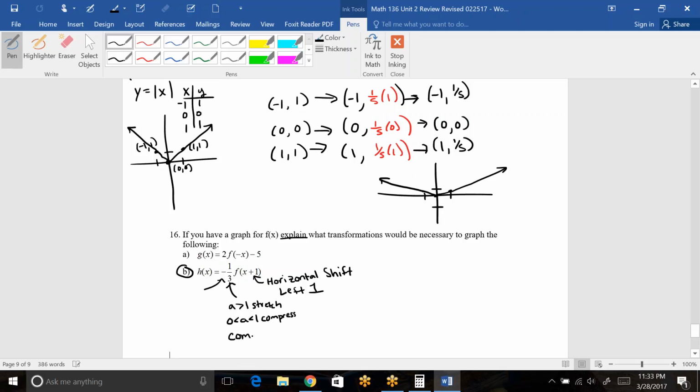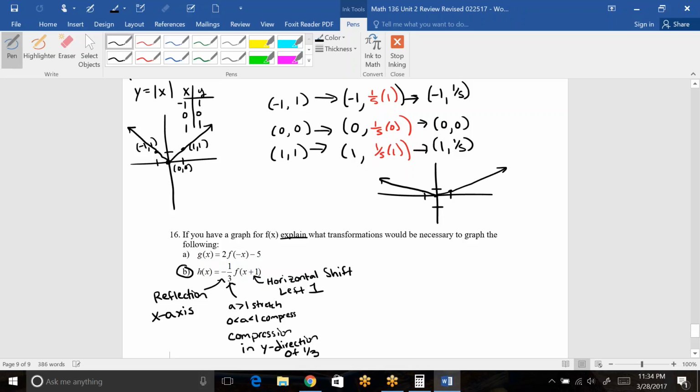So that means that's a compression in the y direction because anything that happens outside of f happens to y, of 1/3. The negative out front means you have a reflection. A negative out front means you reflect over the x-axis. If you have a negative inside, like a part, you reflect over the y-axis. So where the negative is located tells you which one you're reflecting over.